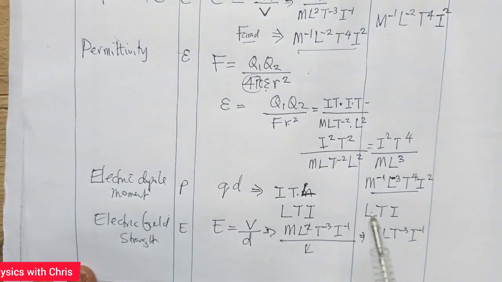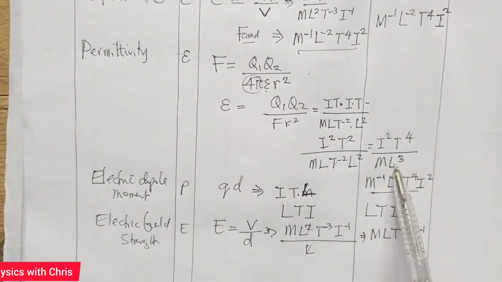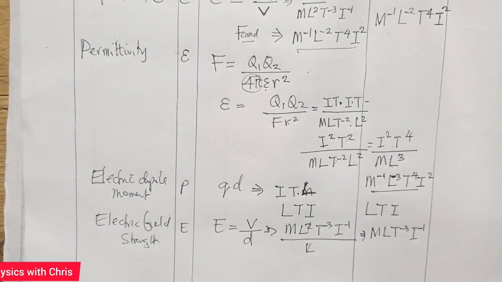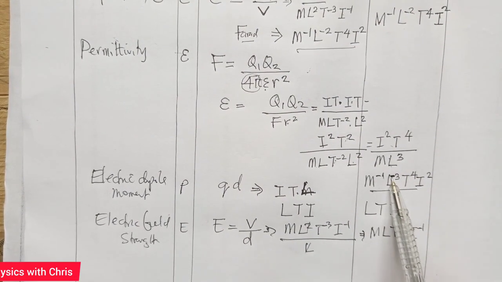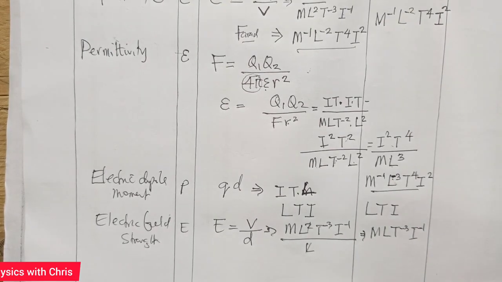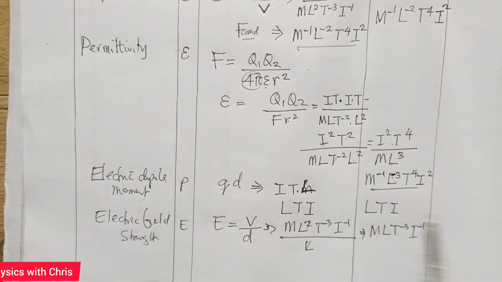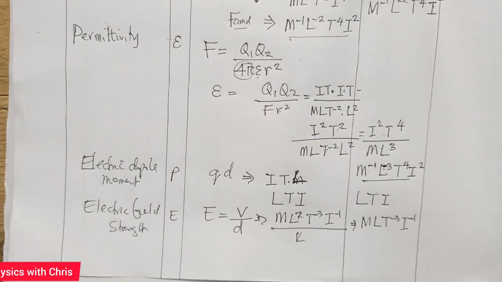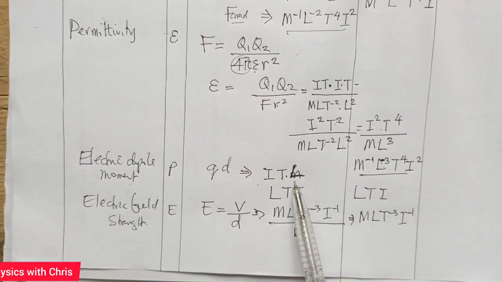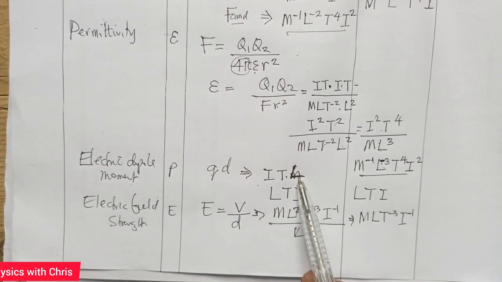For permittivity, when this L raised to power 3 goes up, it becomes A raised to power minus 3 as the dimension of permittivity. And then we have the dimension of electric dipole moment, the product of charge and the distance separating the two charges. Charge has the dimension of I times T, and D has the dimension L, that's distance.